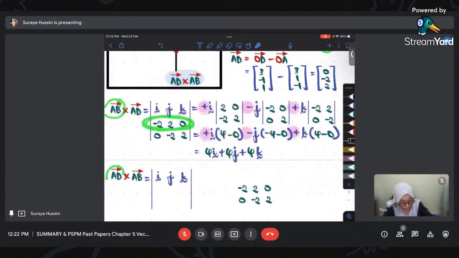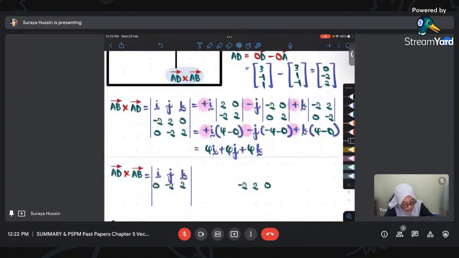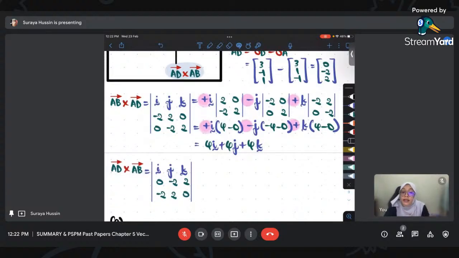Tapi kalau AD yang datang dulu, patutnya AD yang ditulis dululah. So now I will put AD yang berada di atas. So that is how you should write it according to your kemampuan.